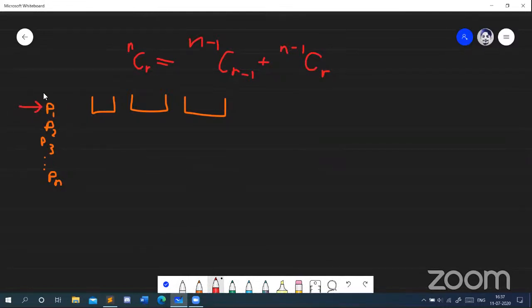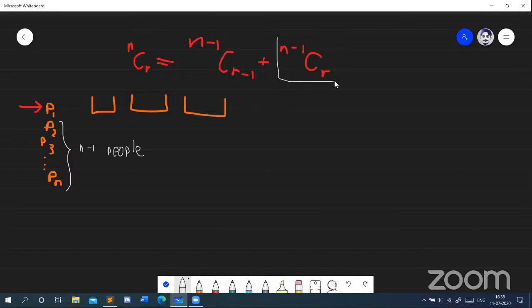Person 1 is either a part of our team or not a part of our team, and these two events are disjoint. So in how many ways can I form the team of r people from n people such that person 1 is not included? The problem reduces to looking at these n minus 1 people and choosing r people from here, because the team still has to be formed out of r people.